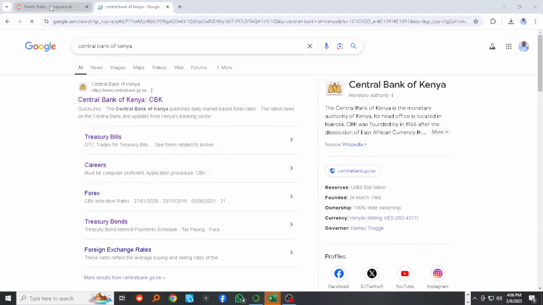So it's loading. I'll just allow it to load.